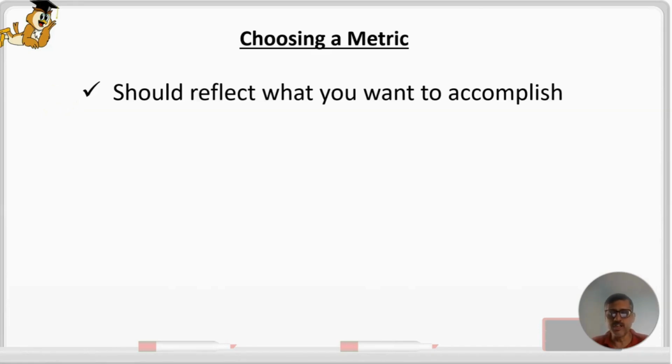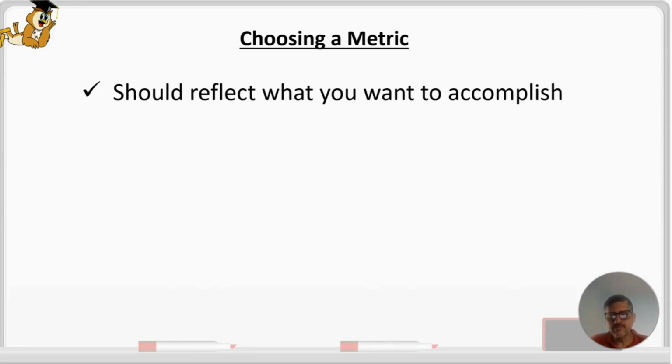First principle, clearly it should reflect what you want to accomplish. I mean, this would seem like a no-brainer, and it is a no-brainer. Clearly the metric that you choose should reflect what you want to maximize or minimize. Now, although this seems simple, the reason I mention this here is there are multiple ways of selecting a metric, even for your problem.